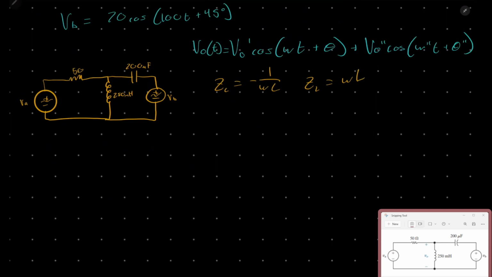These will have the imaginary J starting, so it's J of WL.